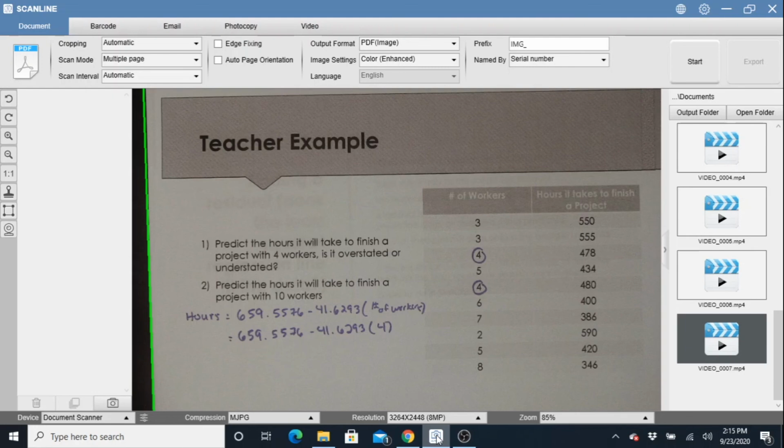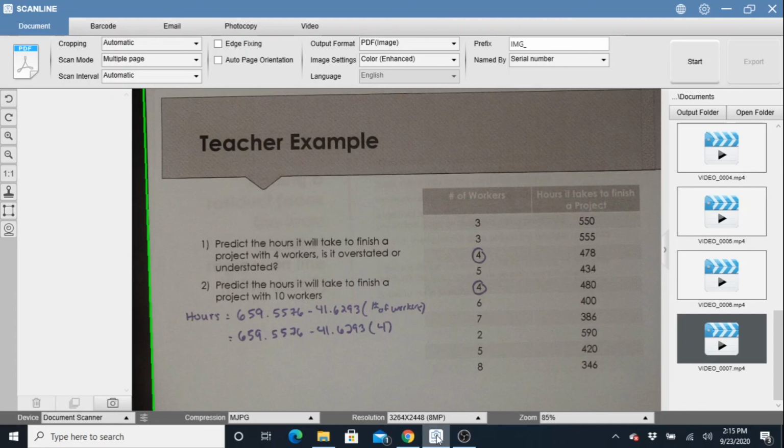But what it's going to do is basically predict what should be happening. So I get 243.2646.